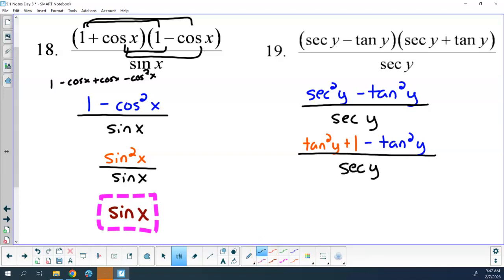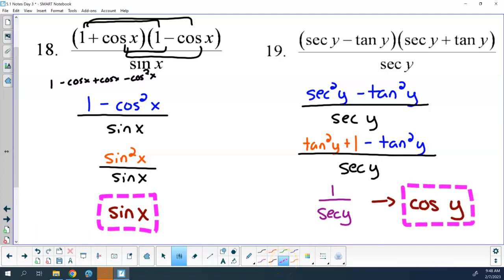Tangent squared plus 1 minus tangent squared is just 1. So this becomes 1 over secant of y. 1 over the secant of y is cosine of y. Cozy. Questions on that?